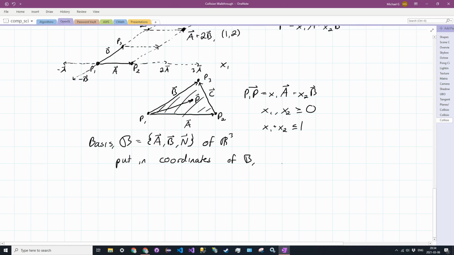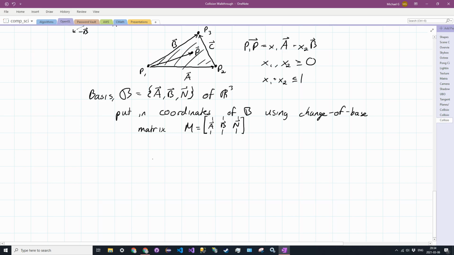So we could say that using a change of basis matrix M, which just has the vectors as its columns, so A, B, and N, to get the coordinates, all you have to do is take P in the coordinate system of B, which is equal to x1, x2, and x3, is M times the point P in Cartesian coordinates.